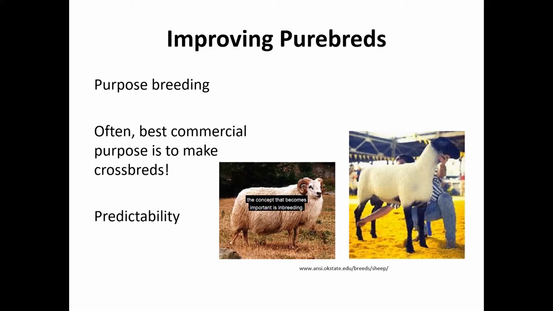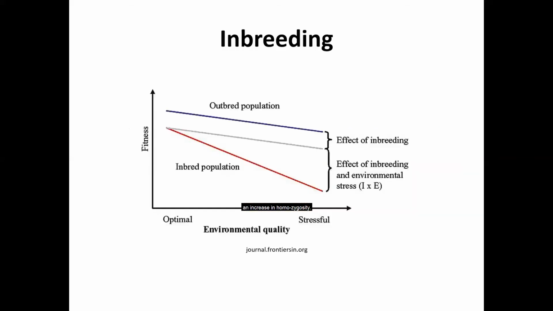Okay. And when we're looking at predictability, a concept that becomes important is inbreeding. Think about inbreeding as simply an increase in homozygosity. Inbreeding level, percentage inbreeding, is the probability that two genes at a given locus in an individual are identical by descent.